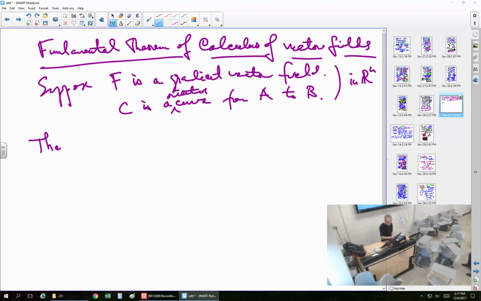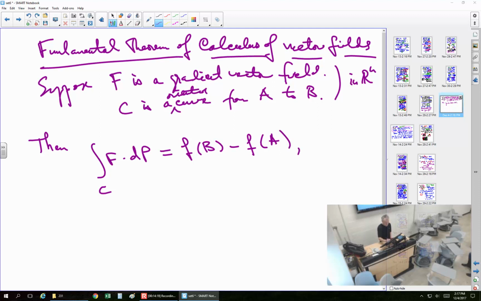Then the integral of F dp over C, the line integral along the oriented curve C from A to B, is equal to f of B minus f of A, where C is from A to B.